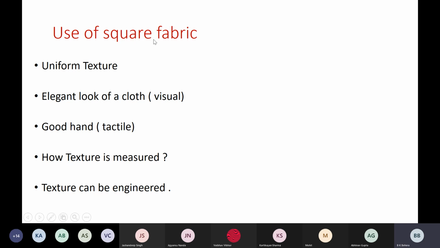The answer is that the term square relates to the texture of a fabric, and I explained how texture can be measured and expressed numerically, quantitatively. If you are producing a square cloth where the properties of warp and weft are the same, meaning D1 is equal to D2, P1 is equal to P2, C1 is equal to C2, L1 is equal to L2, everything is the same, then the fabric looks uniform, the texture of the fabric is very good, and the visual perception of the cloth is elegant.